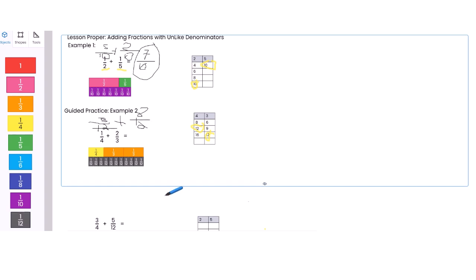Okay, so therefore, we now have 3 plus 8 would be equal to, that's correct, 11 over 12. So therefore 1/4 plus 2/3 is equal to 11 over 12.